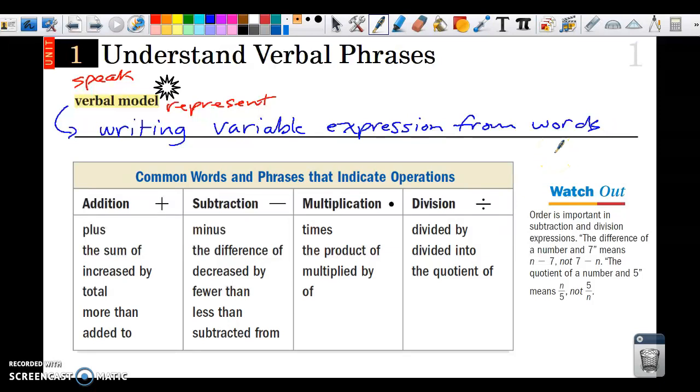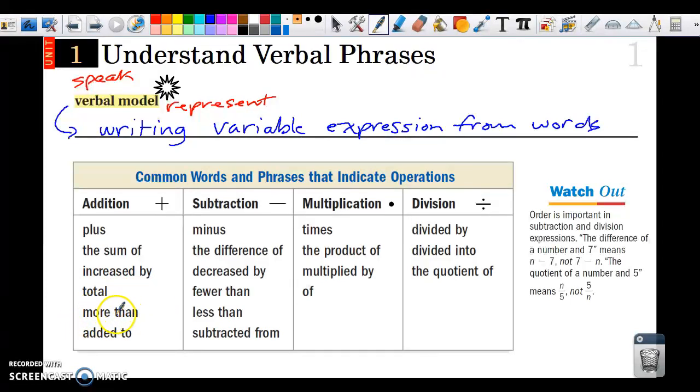So there are words that basically represent the different operations. For example, for the operation of addition or adding, you could see plussing, finding the sum, something being increased by, totaling something. If I want to find out how much I had to spend in total, I would have to add up all the prices of what I was buying.